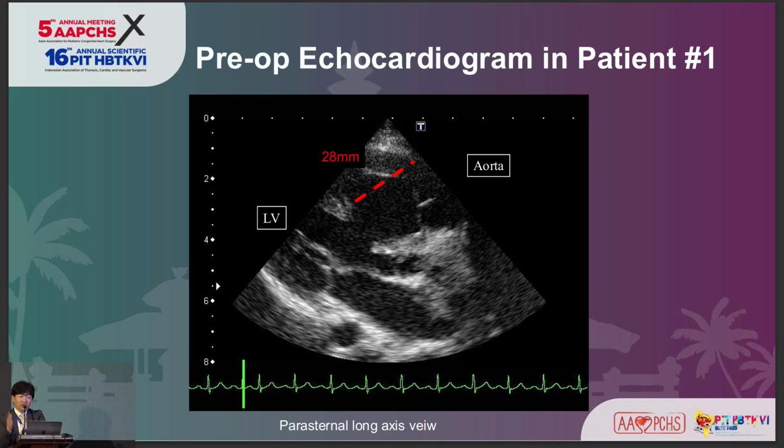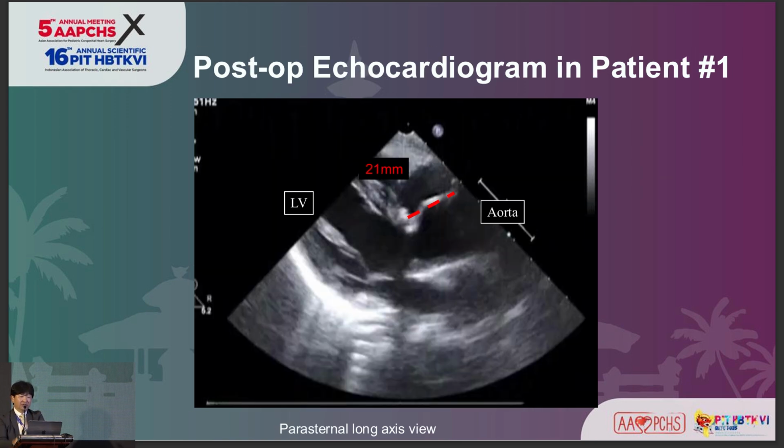So on the preoperative echocardiogram, the patient has a long distance, 28 millimeters from the interventricular septum to the aorta. Then after excision and closing the VSD, it is 21 millimeters. So just excise the pulmonary fibrous ring, and then put in a patch.